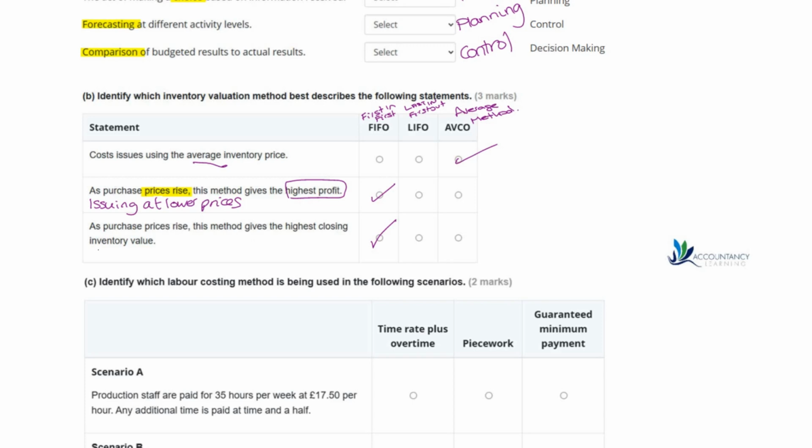So it means that the stock that's left after the issue is at higher prices because they are bought in at a later date, and as it's a later date, the prices are going to be getting higher. So that means the highest stock prices are still left in stock, so therefore that will give the highest closing inventory value.